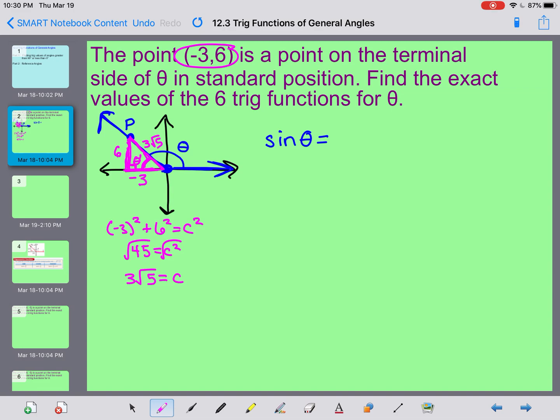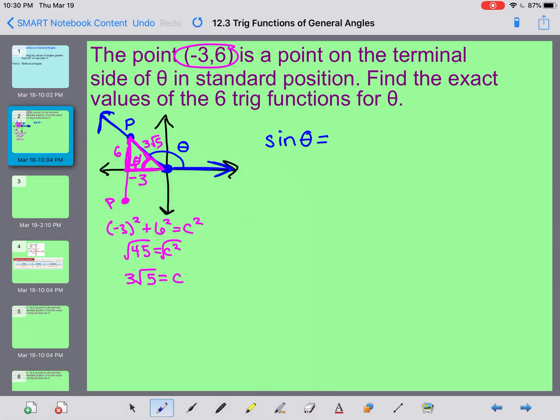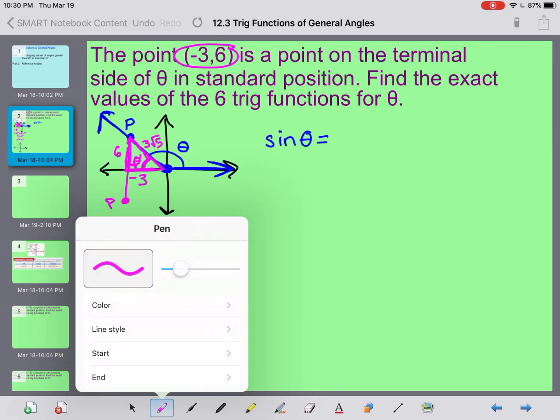What happens if P is in a different quadrant? If P is down here, if this is my P, then I would go straight up to the x-axis. So really when you draw your right triangle, we call this the bow tie.